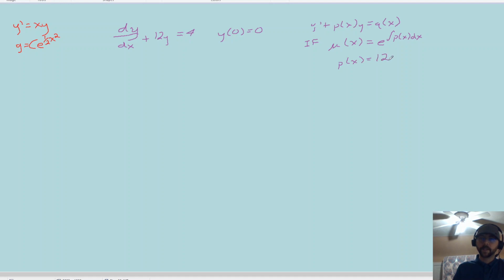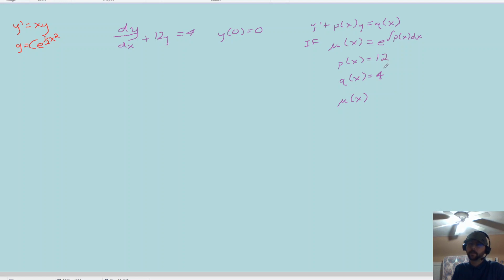There's actually no x in there, it's just the number 12. q of x equals 4, and once again there's no x in there. So mu of x is going to equal e to the integral of 12 dx.